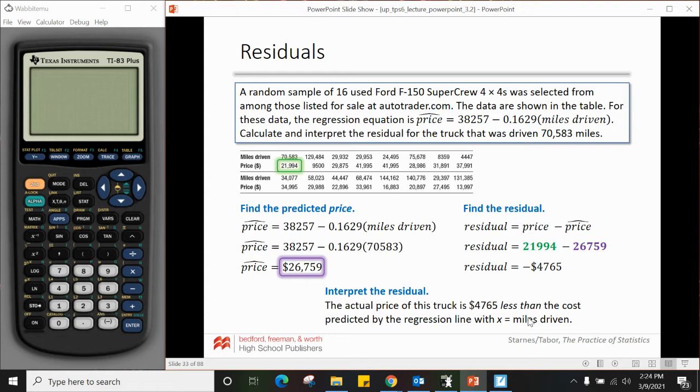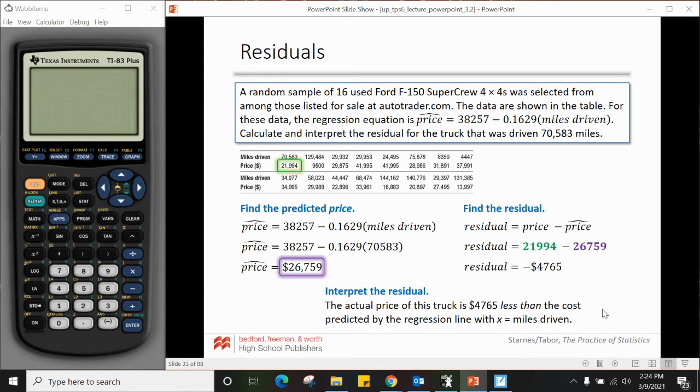So always give a little bit of context when you are interpreting. And depending on the problem, you might want a positive or a negative residual. If I'm buying a truck, I would want a negative residual, because that means I'm paying less than the predicted value, which is good for me.